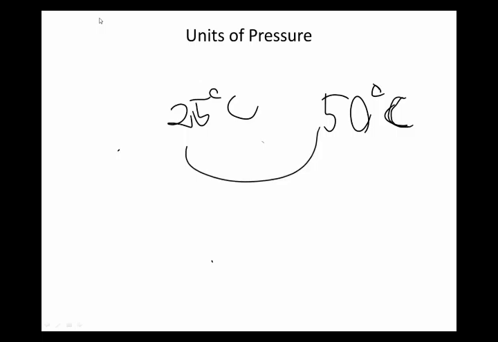What about negative 10 degrees C and 15 degrees C? So here's the problem. We are using a scale that's got a 0 smack in the middle of it. This is problematic because if we're going to be measuring kinetic energy, I need a temperature so that if I double the temperature, I'm doubling kinetic energy, which means they must both have the same 0 point. 0 kinetic energy must be 0 on the scale.